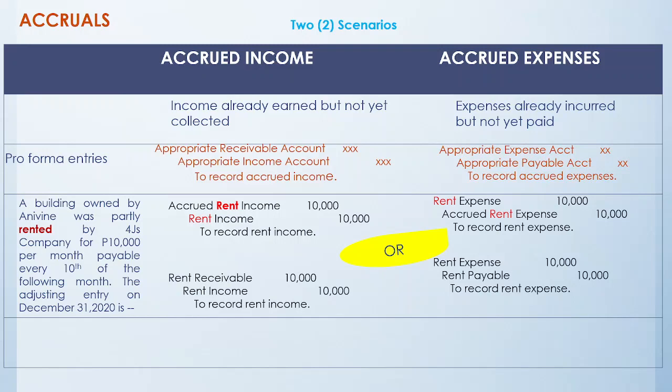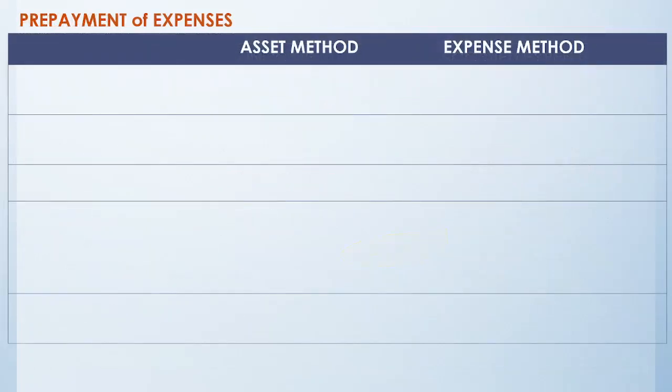Now let's proceed to the prepayment of expenses. This is an expense that is already paid but not incurred. This is the exact opposite of the accrued expenses, or shall I say, these are advance payments of business expenses or supplies to be used in a business operation.